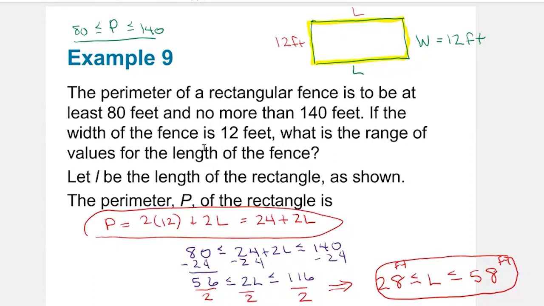What is the range of values for the length of the fence? The part underneath it is not really the question. The question is, what is the range of values for the length of the fence? And as you can see, I found the range of values for the length of the fence.